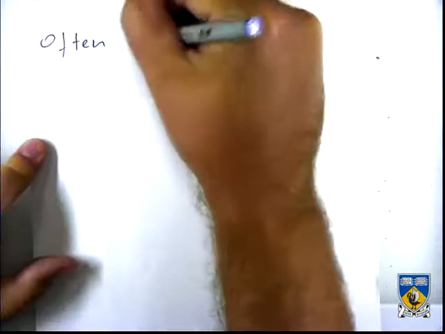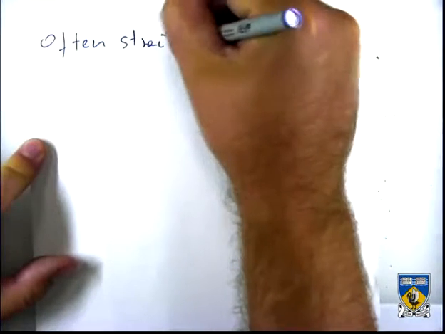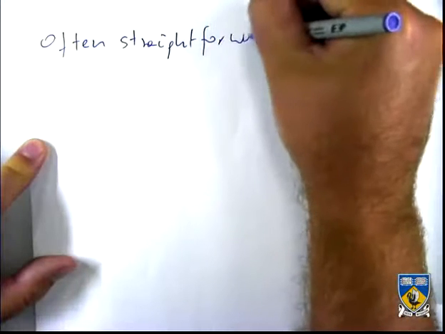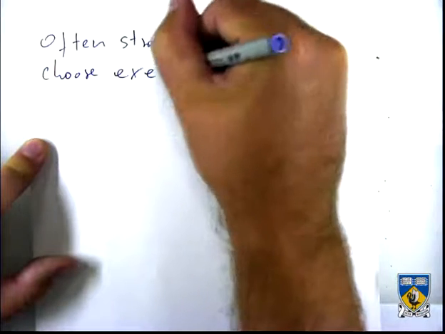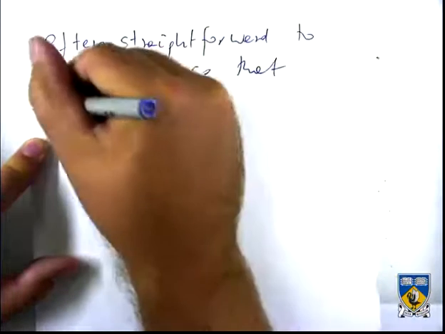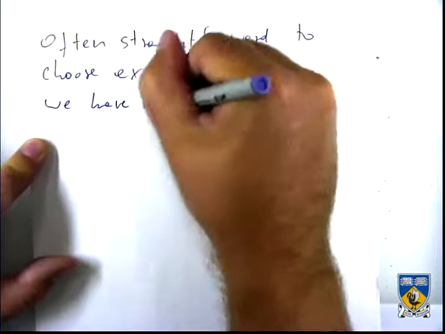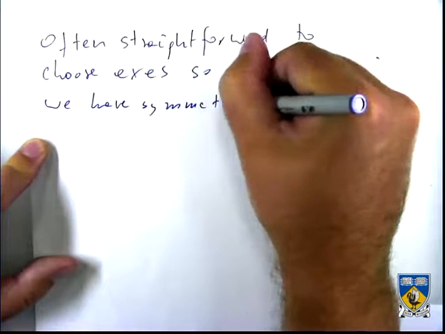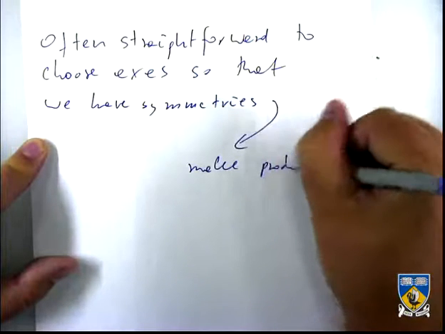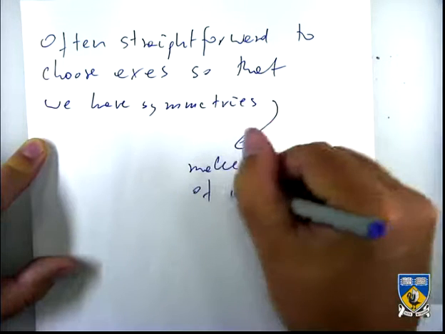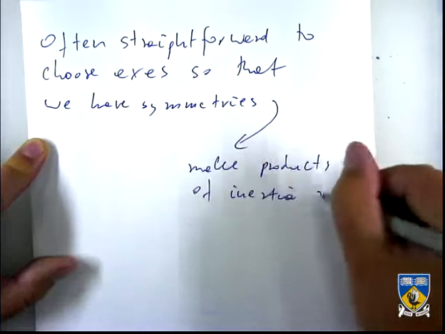And so let us say it is often straightforward to choose axes so that we have symmetries that make products of inertia 0.